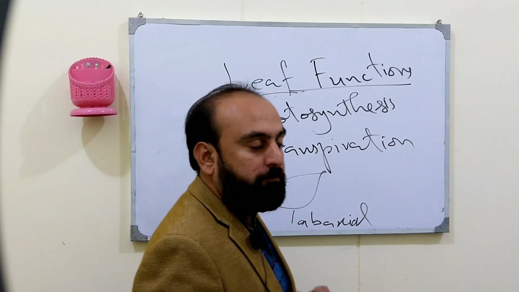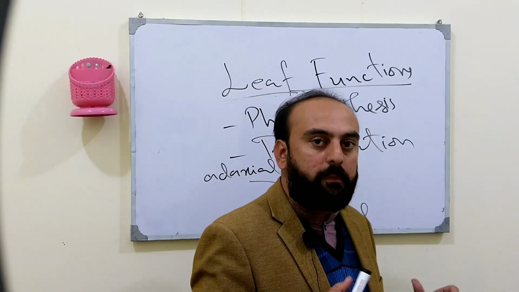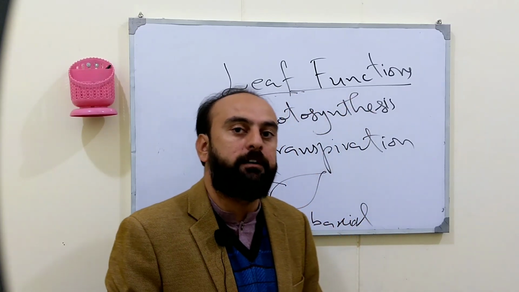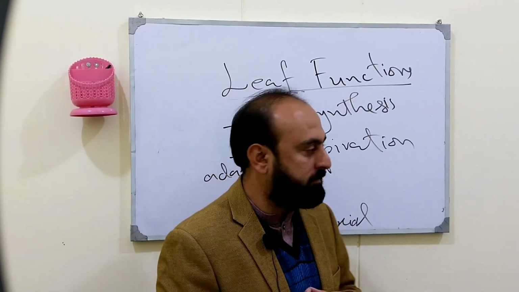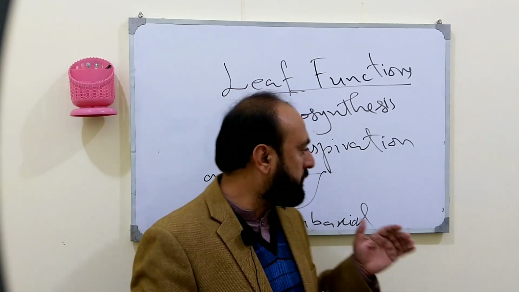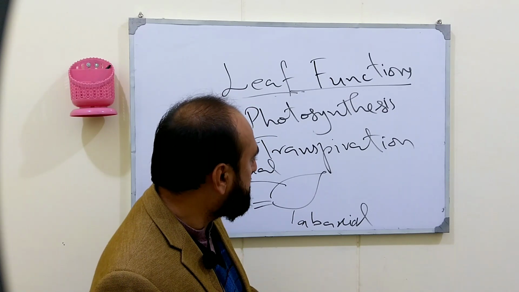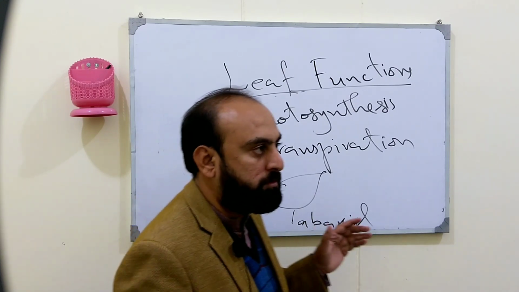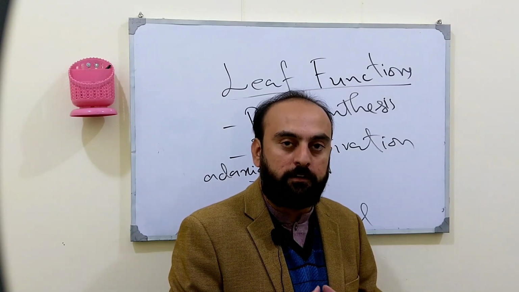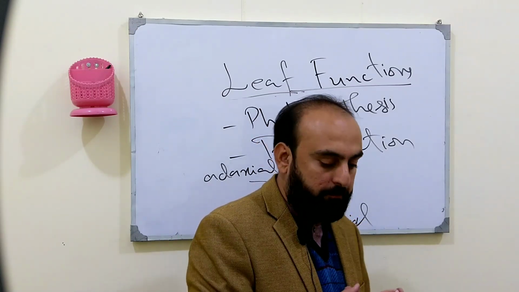Usually mesophytes have their stomata on the abaxial side, whereas hydrophytes have their stomata on the adaxial side, and some plants have their stomata on both adaxial and abaxial sides. So through those stomata there is exchange of gases like carbon dioxide and water vapors.